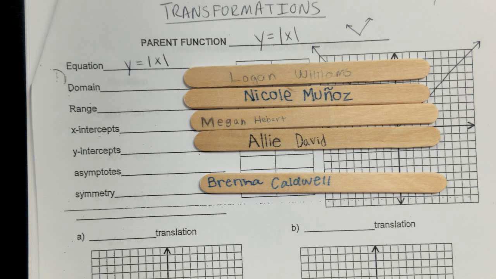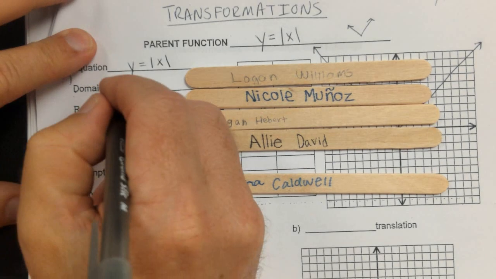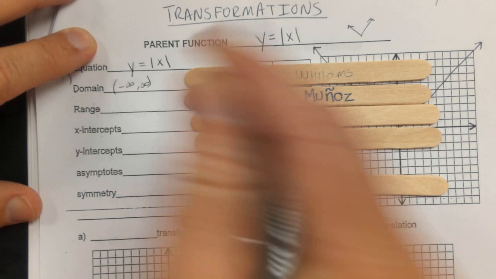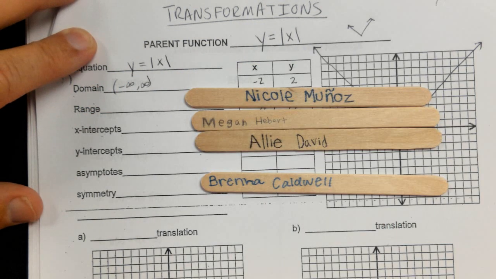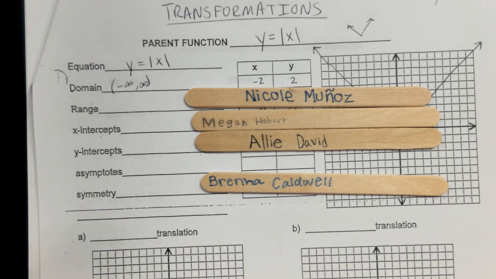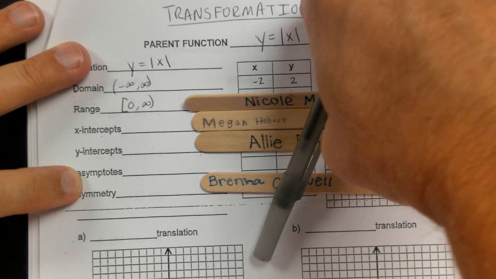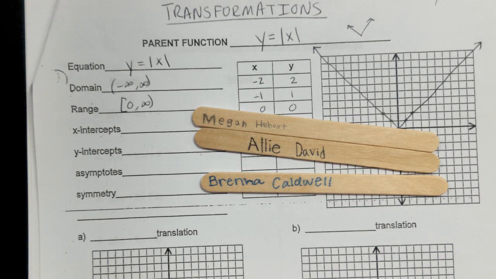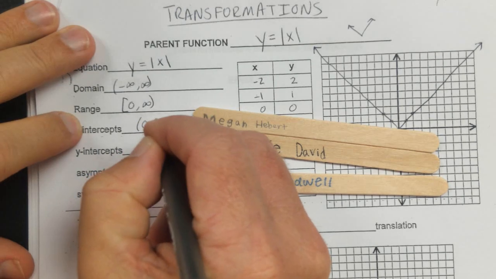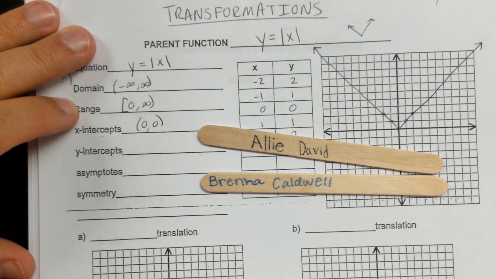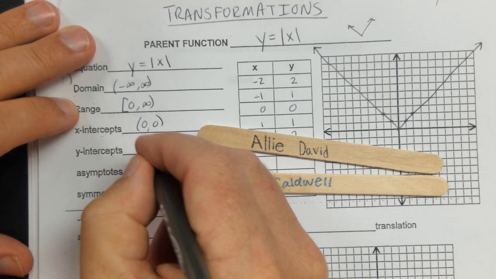Logan, how about the domain for the absolute value function? Is it negative infinity, infinity? Yes, it is. Nicole, how about the range? Is it bracket 0 and infinity? Yes, it is. Megan, how about x-intercepts? Isn't it just 0? It is. Can you give it as a point? 0, 0. And Allie, the y-intercept? Also 0, 0.